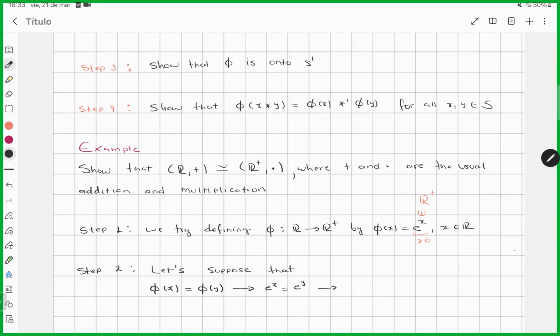And then, taking the natural logarithm, we have the following. And this implies that x is equal to y. So this proves that phi is one-to-one.